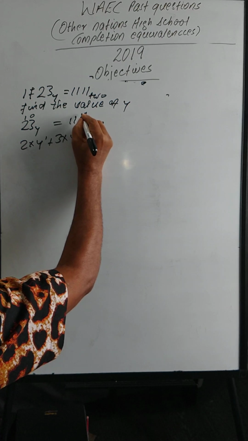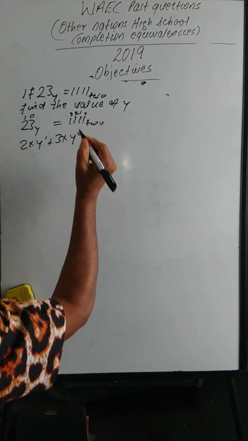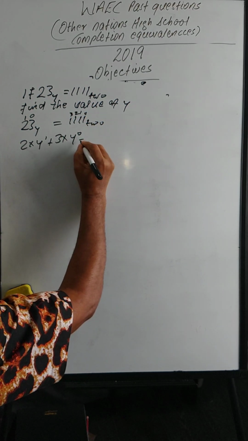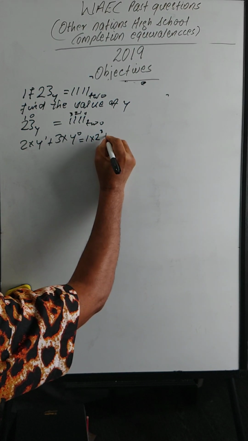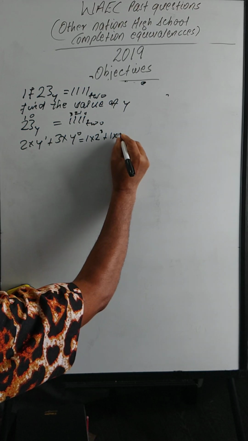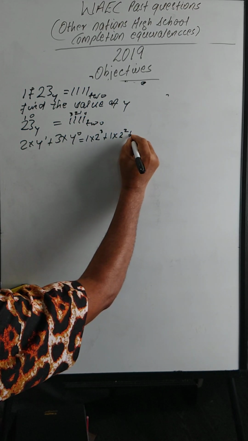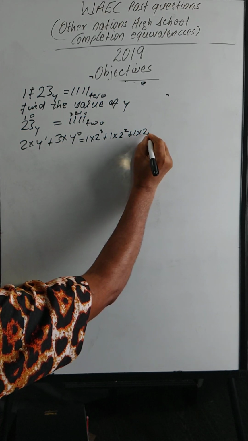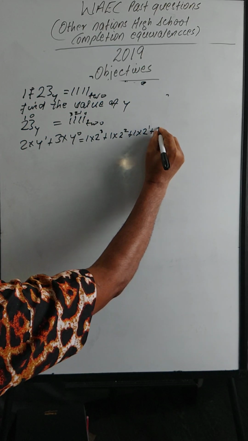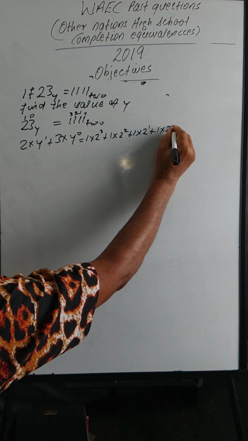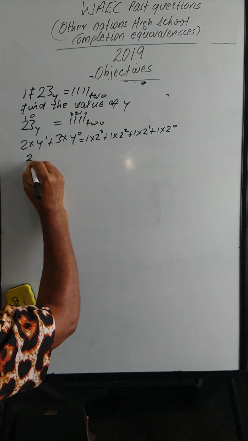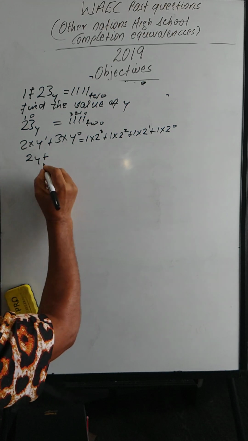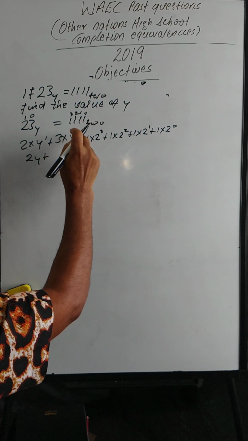This is 0, 1, 2, 3. So this will now result to 1 times 2 raised to power 3 plus 1 times 2 raised to power 2 plus 1 times 2 raised to power 1 plus 1 times 2 raised to power 0. So this will now give us 2y plus 3 times y raised to power 0.